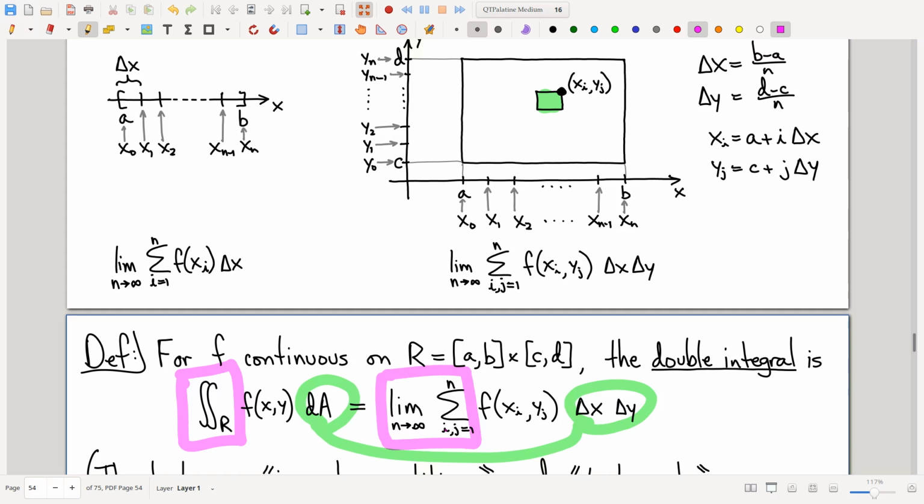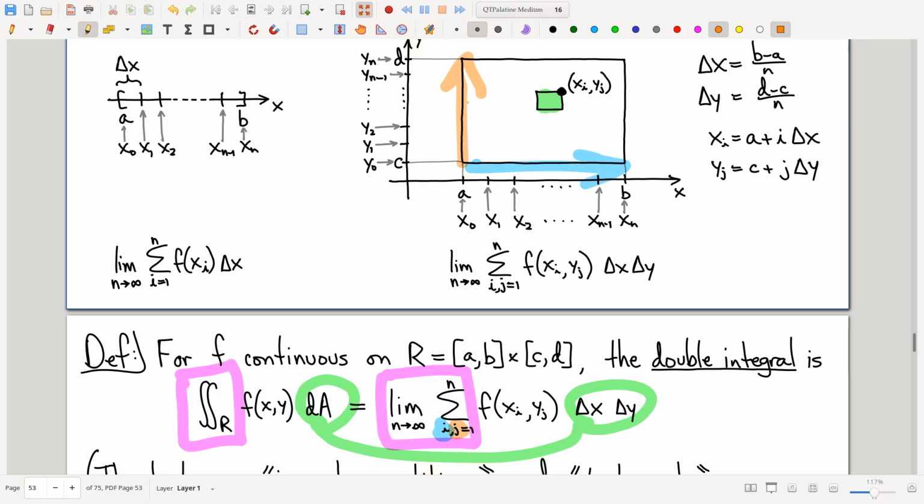But I'm going to use two integral symbols because you'll notice that we're adding up both in the x direction and also in the y direction. We're adding up in two different directions because there's a lot more pieces, right? Literally, i goes from 1 to n.